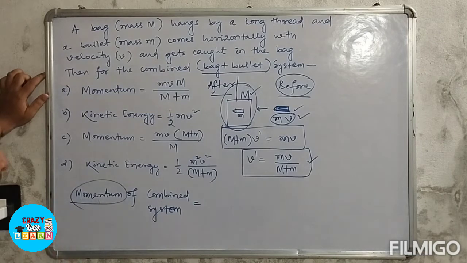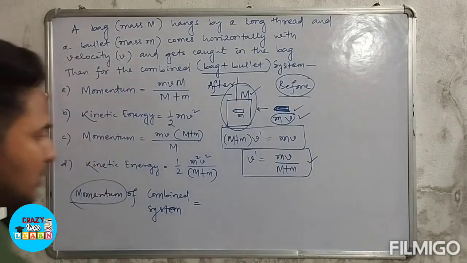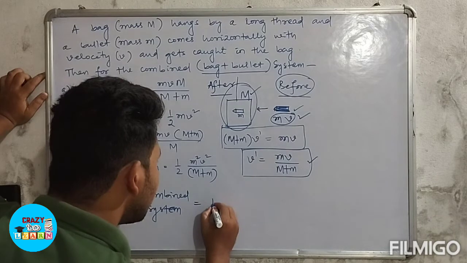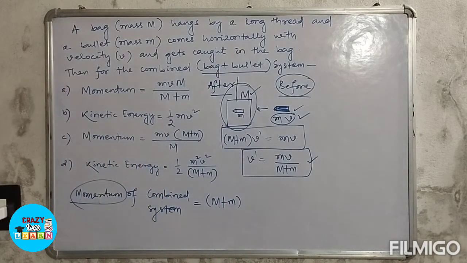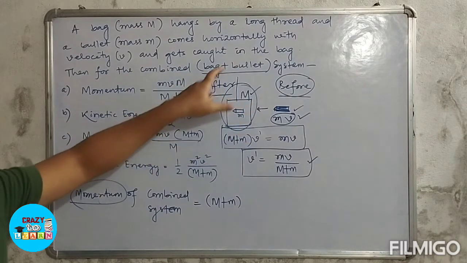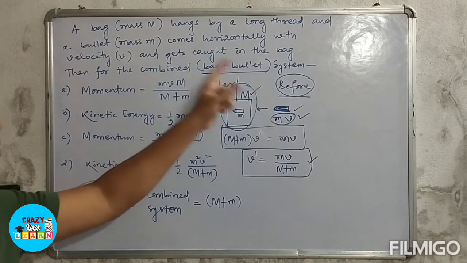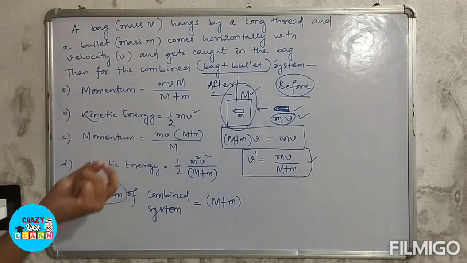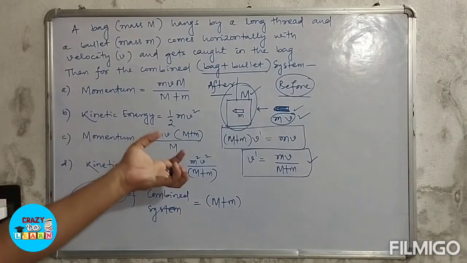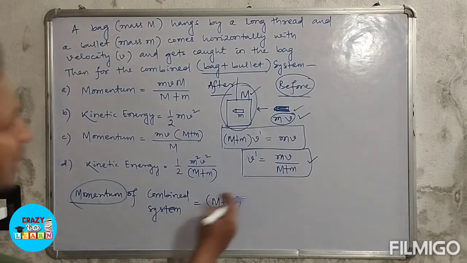What is the mass of the combined system? The combined system is bag plus bullet. Mass of the bag is capital M, mass of the bullet is small m. So the combined system mass is capital M plus small m, into velocity.